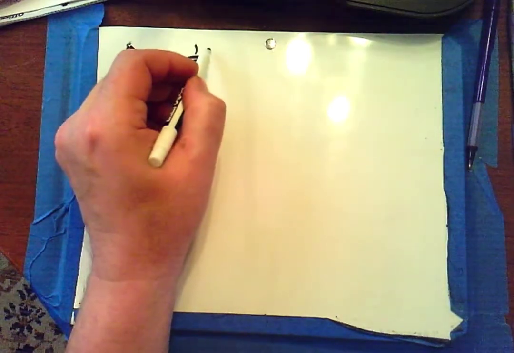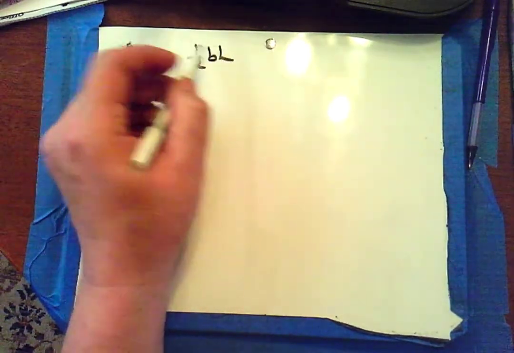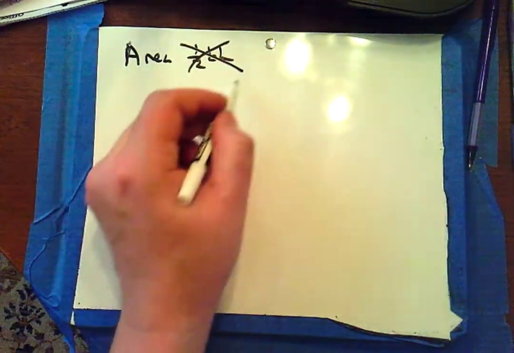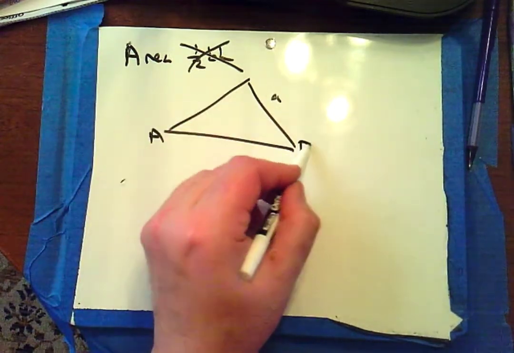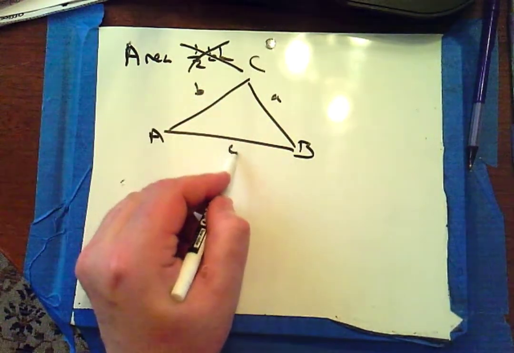But right now what I'd like to do is look at this other area problem that we talked about. This other area formula, an area formula that we use for side, side, side. Remember, we said that we could find the area of a triangle using 1/2 base times height. But what happens if we don't have a right triangle, but instead we have something like a, little b, c, little c?